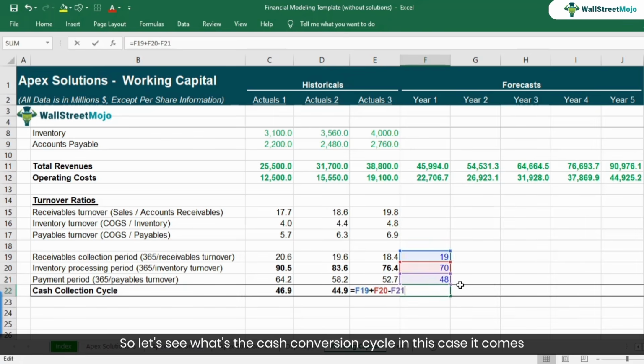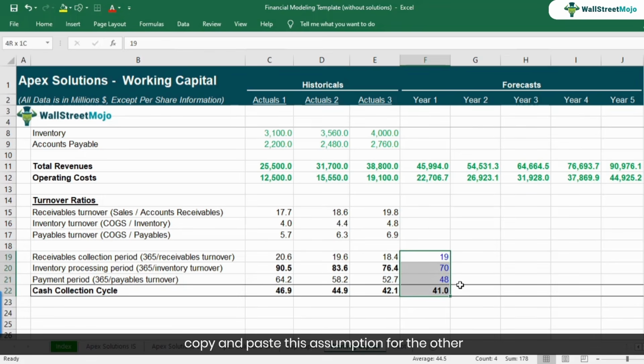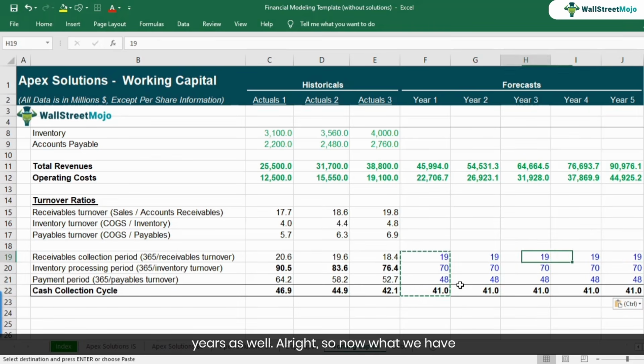So let's see what's the cash conversion cycle in this case. It comes out to be 41 days. All right, so I'll just copy and paste this assumption for the other years as well. So now what we have done is found out what the cash collection cycle will be for the future.